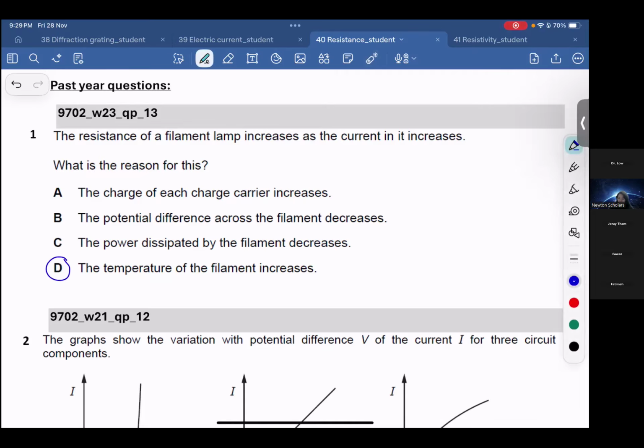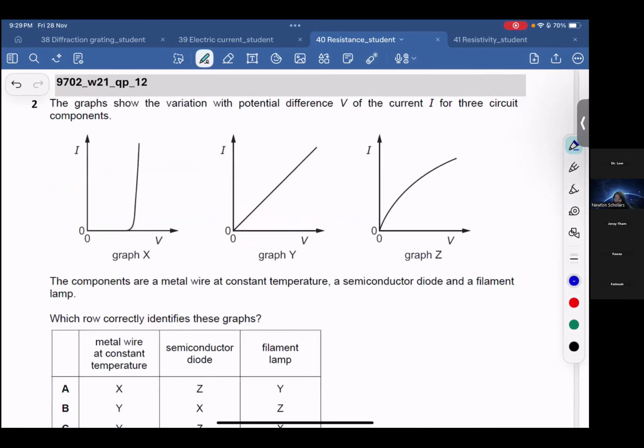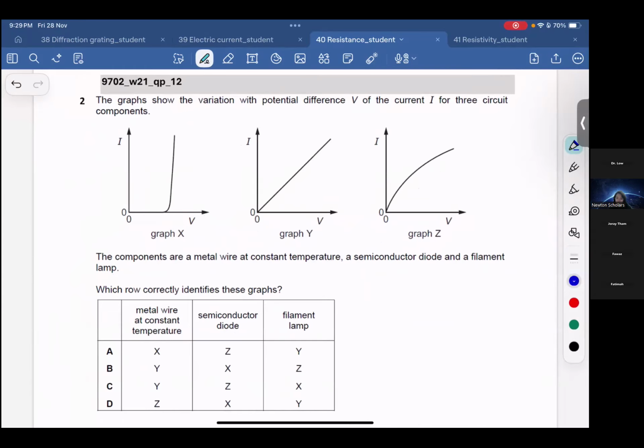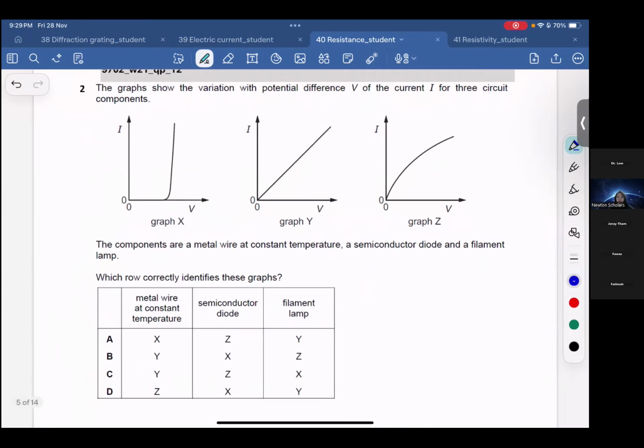Here, 10 seconds for you to identify question number 2. What is your answer? Which one is the metal wire? Which one is the diode? Which one is the filament lamp? Fawal, correct. How about others?